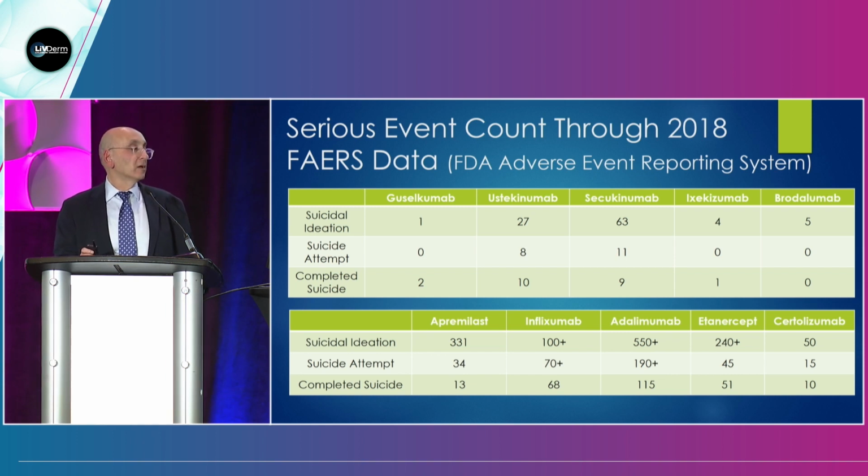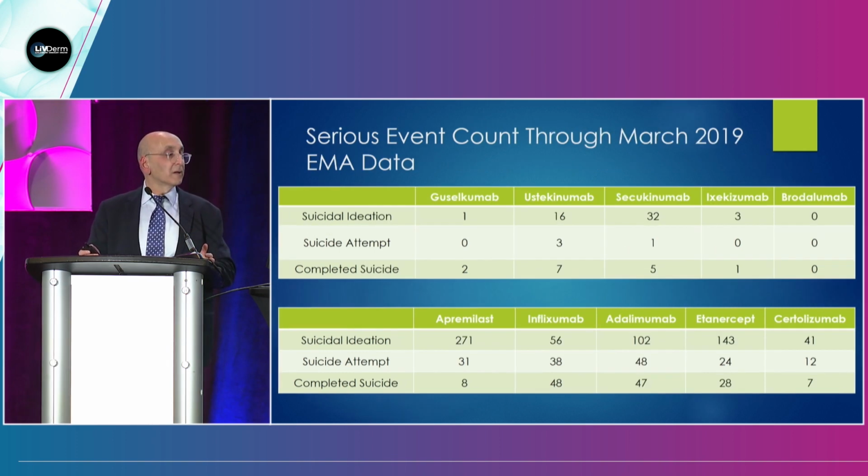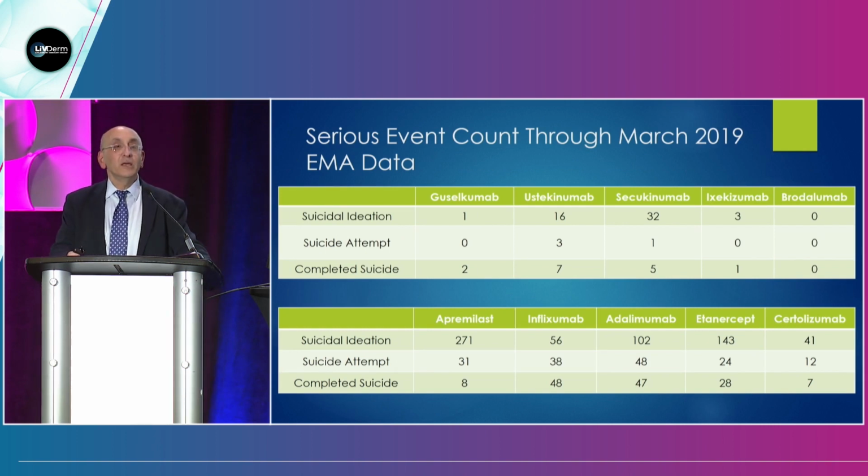Completed suicide. Now, whether those people knew what they were doing and really killed themselves, and the other 68 didn't know, who knows? But the bottom line is there is some in every drug, and not because of the drug, it's because of the disease itself. When you go through the EMEA data, the European data, similarly you see similar things.